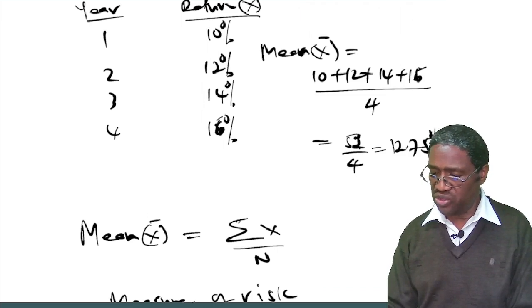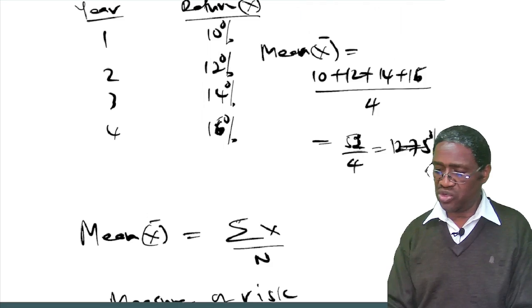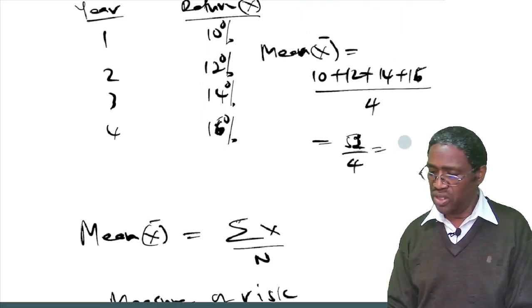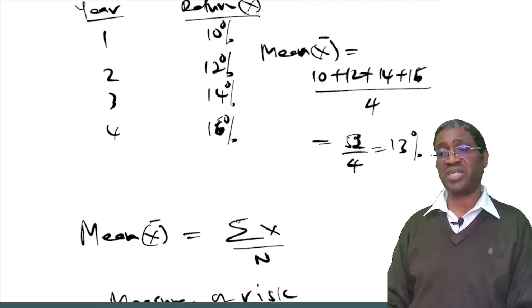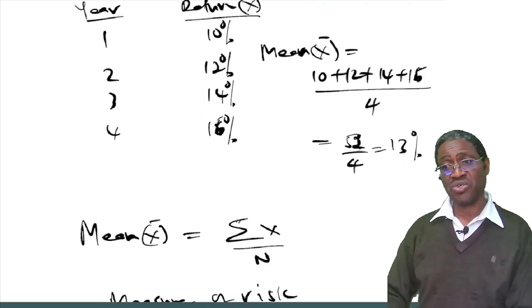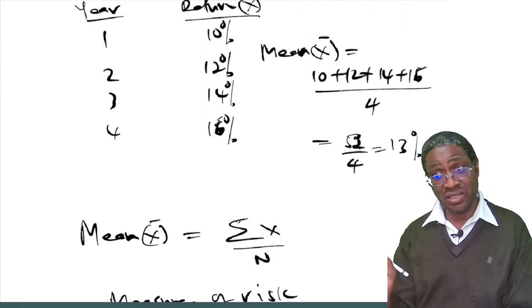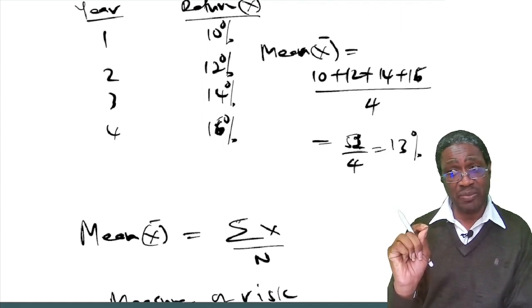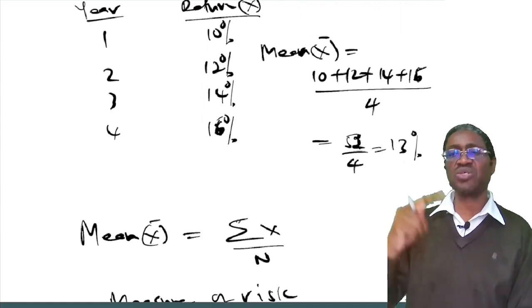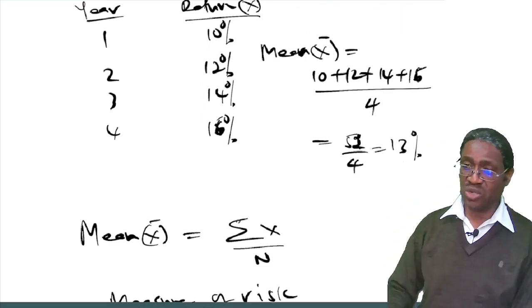That will be 52. If I divide that by 4, this will come to 13. So your average return is 13. Now listen. If the mean is 13, in the first year I got a return of 10%. So there was a deviation from the mean of negative 3. That's what we are saying.